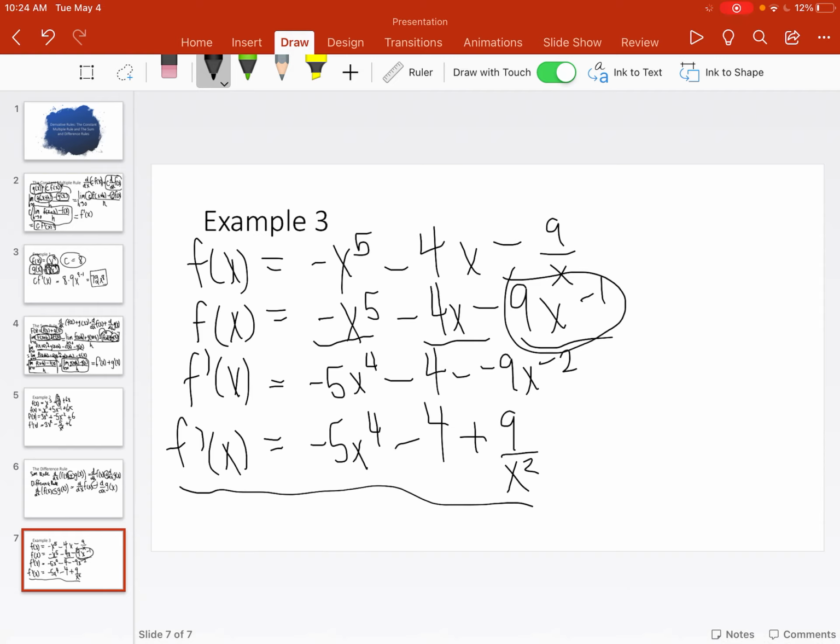That's all you're really doing. It's nothing special. It probably seems kind of intuitive. And the constant multiple rule is very, very simple. You have some constant, so you just multiply by the derivative.